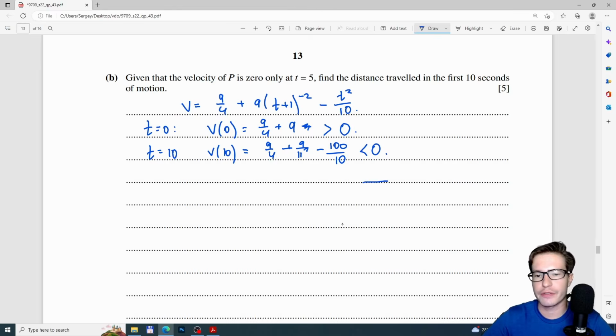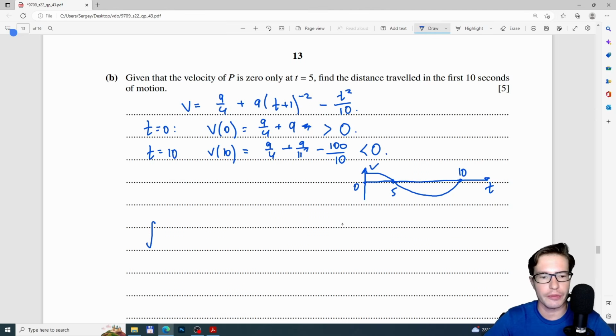So that gives us a very quick sketch of the velocity-time graph. Below t equals 5, velocity is positive, and after it is negative. So that means we'll have to split our integration into two parts, first from 0 to 5, and then the second from 5 to 10.